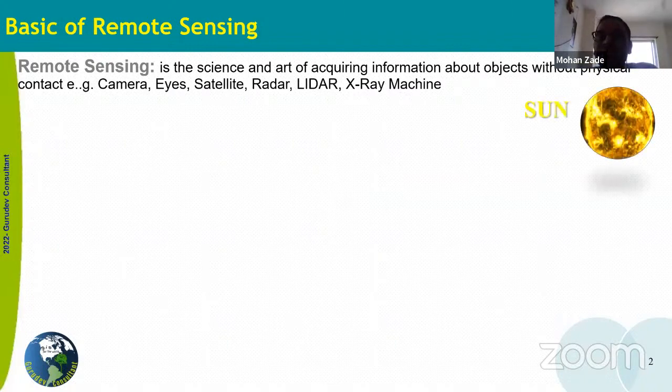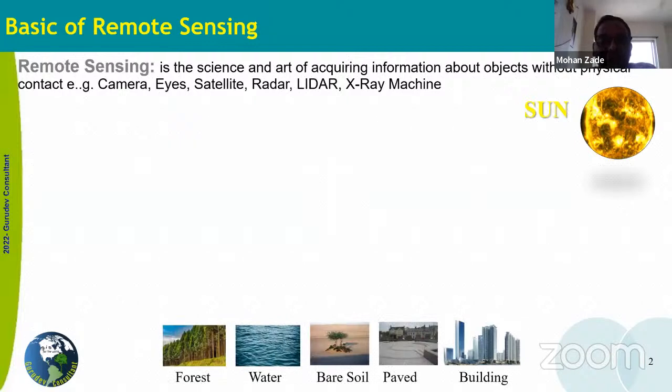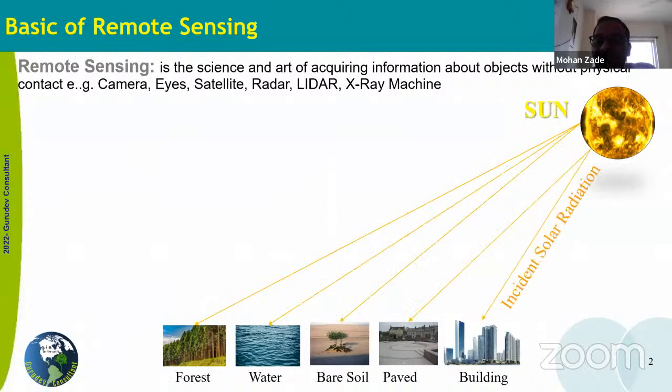However, in natural resource management, agriculture, or land and water management, our system is different. We depend on the sun, and then we have the earth, with various objects like forest, water, bare soil, paved areas and buildings. We continuously receive sunlight, which is called the incident solar radiation. It falls on these objects, and they also have a property to reflect it back.